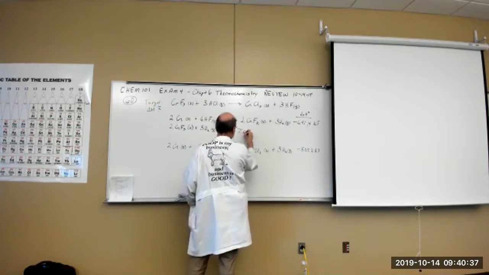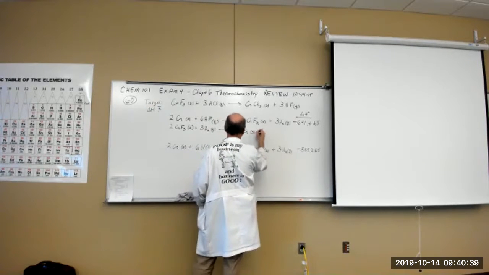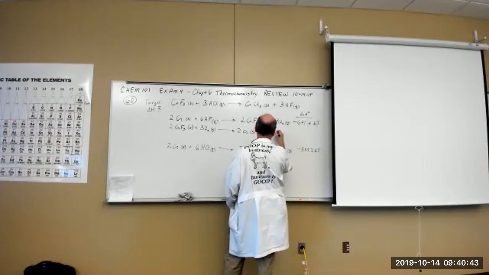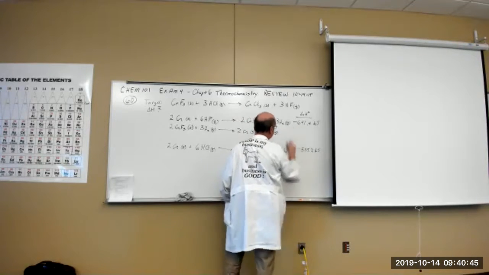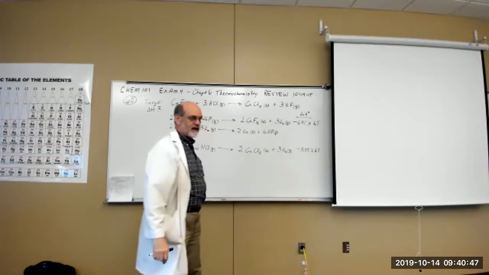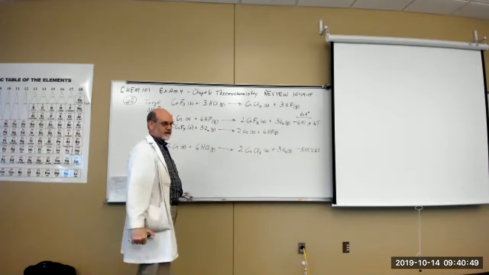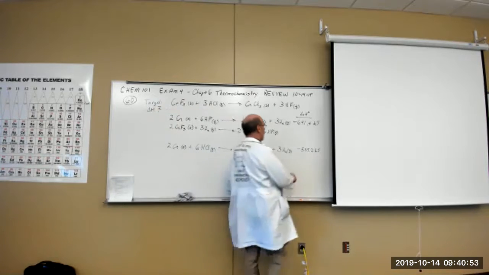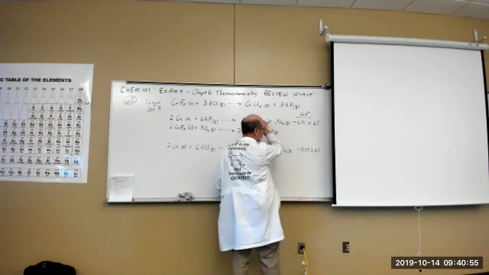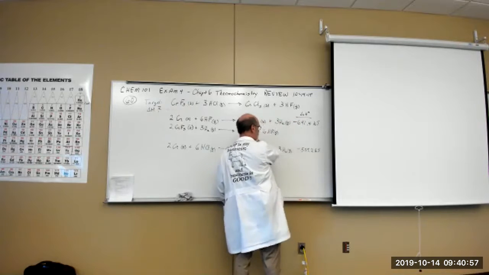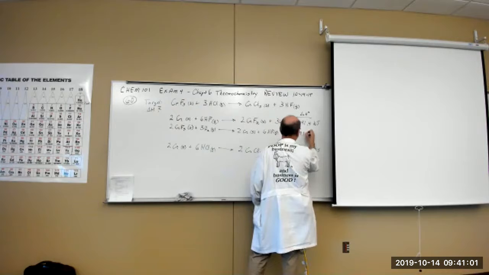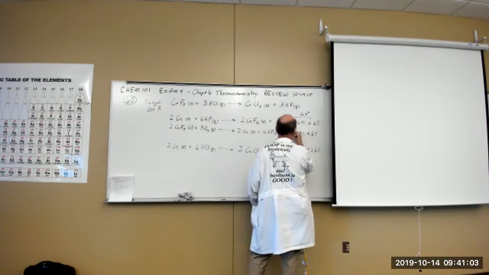And then this one comes out on this side. What happens to that? You're running the reaction backwards, aren't you? So you change the sign. Now, whereas this was an exothermic reaction, this one's now endothermic, right? So it's 691.4 kilojoules. That's positive.